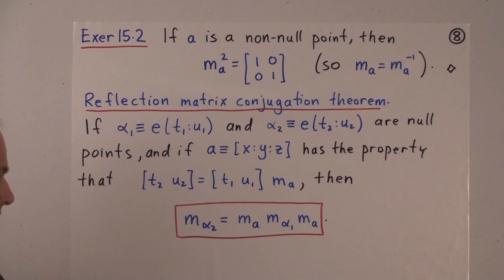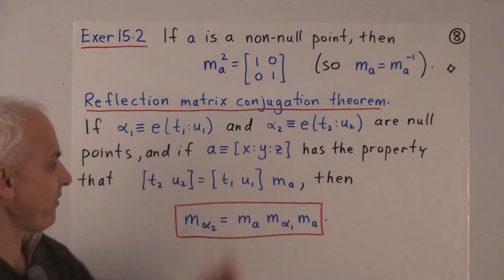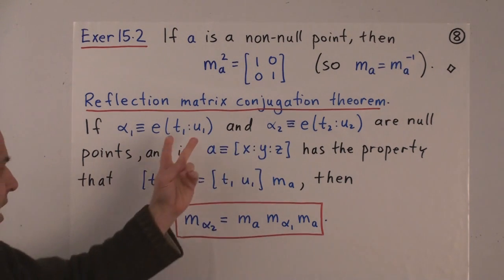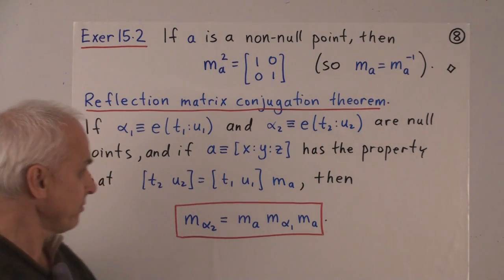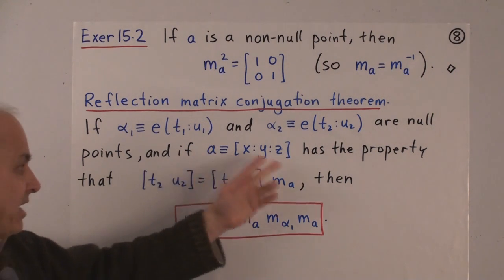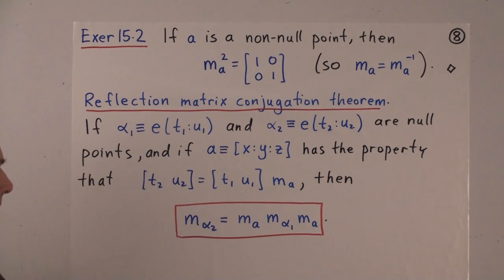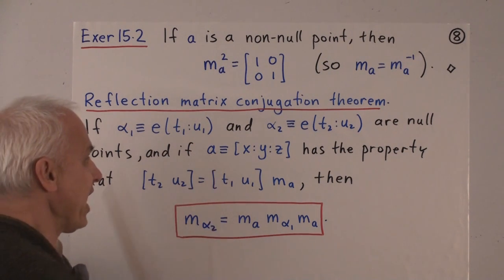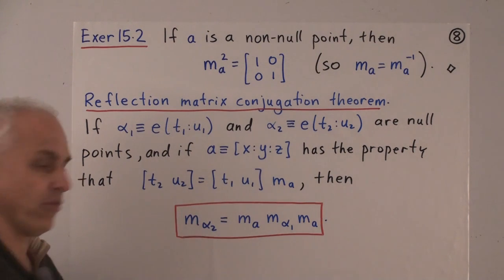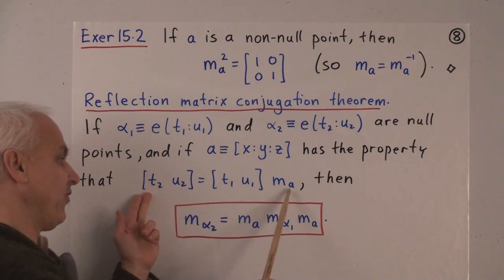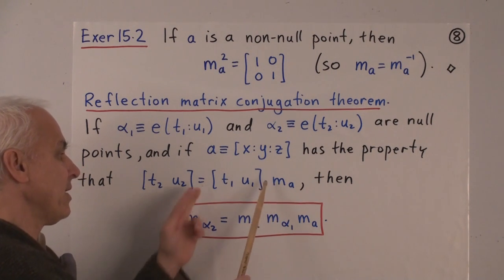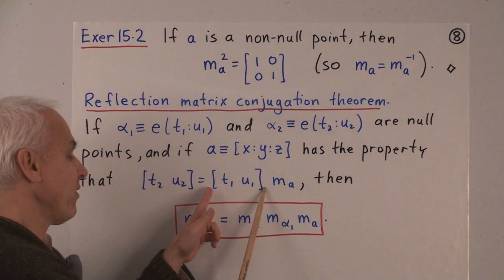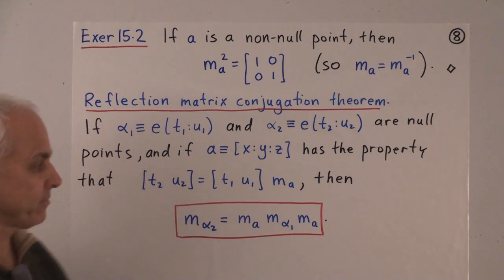It says that if you have two null points, alpha 1 and alpha 2, given by these two proportions as before, t1 to u1, t2 to u2, and if A is any point, x to y to z, and suppose it has the property that the reflection in A sends alpha 1 to alpha 2, which in other words we've seen is this property here, that multiplication by the matrix M sub A takes this projective row vector to this projective row vector.